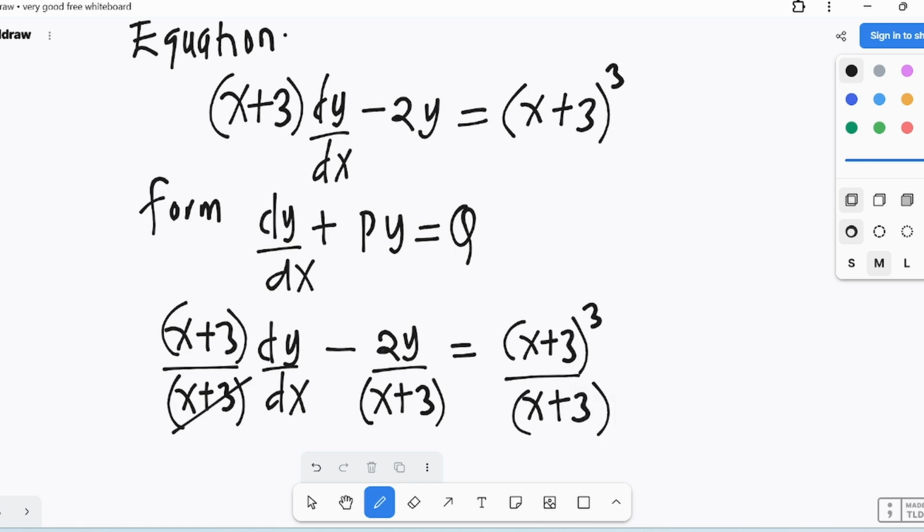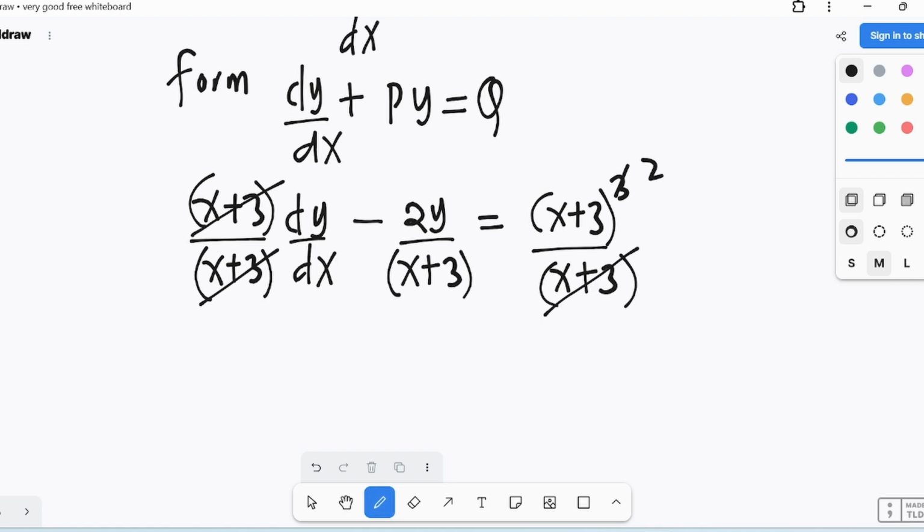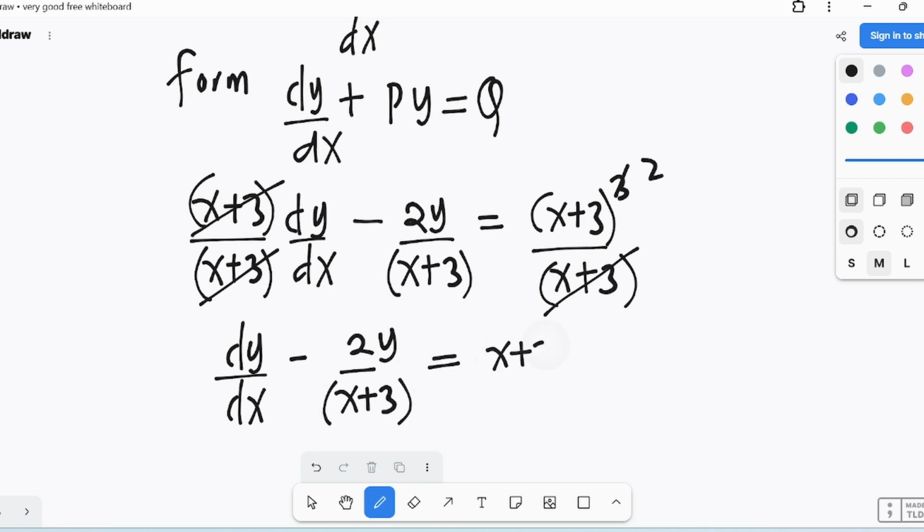Now this cancels with that, and one of these will go with this, and we remain with the 2. So if we continue, we shall have dy/dx minus 2y out of (x + 3) is equal to (x + 3)^2.